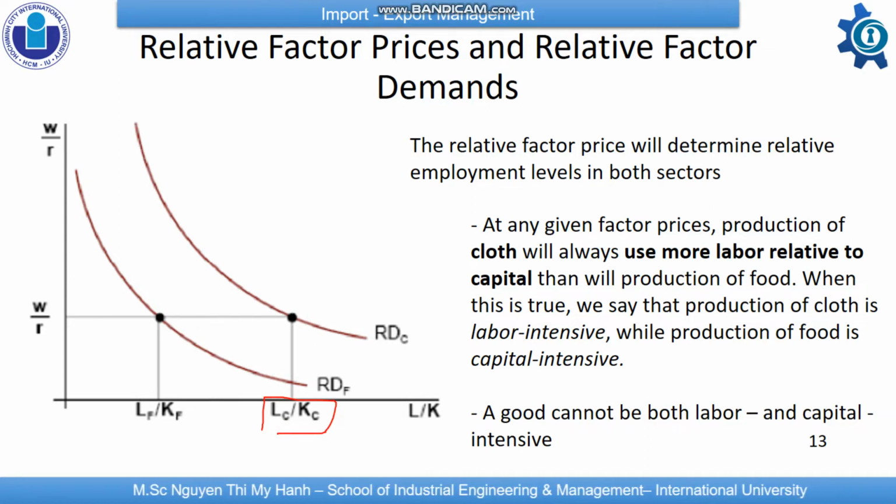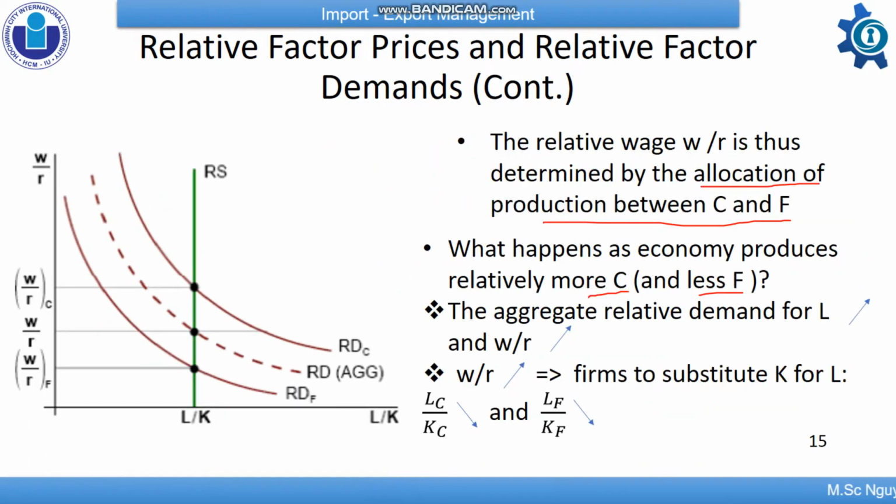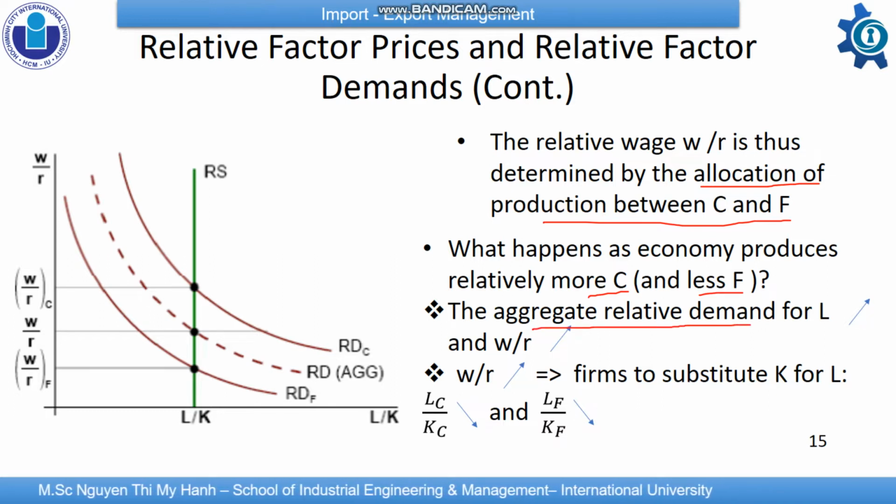It means they always use more labor relative to capital compared to production of food. So when we produce more cloth, we will use more labor. So the aggregate relative demand for labor will increase.